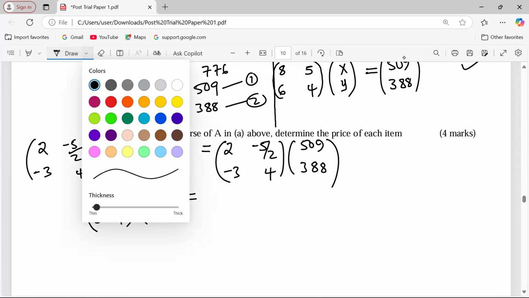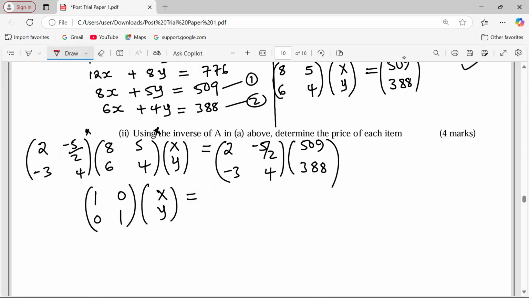This is equal to, now we work out on the right-hand side. On the left, we are doing application, whereby we know that a matrix and its own inverse should give us the identity matrix. Row times column to get the first answer. So 2, we use a calculator now here. 2 multiplied by 509 minus 5 over 2 multiplied by 388.